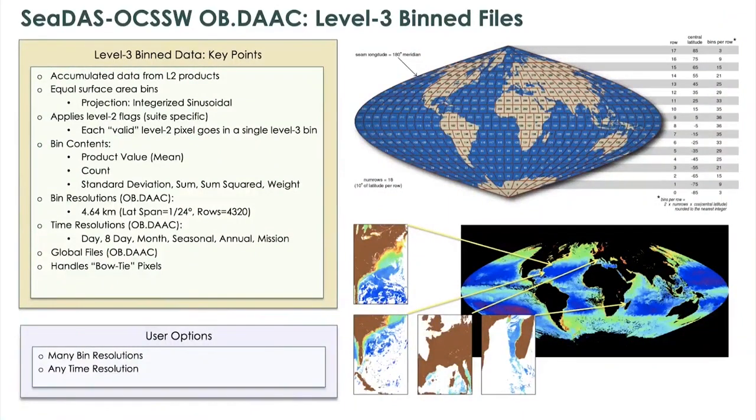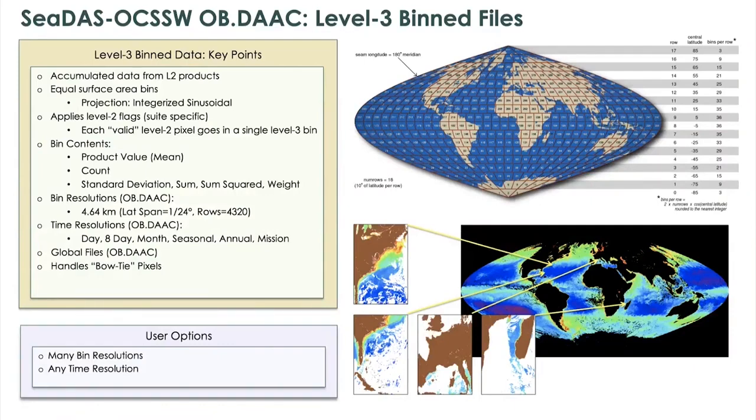And then the next phase of processing, if you go beyond level 2, is if you either want to map it or you want to combine a bunch of files together to create a monthly. The next step towards that would be binning them all together.